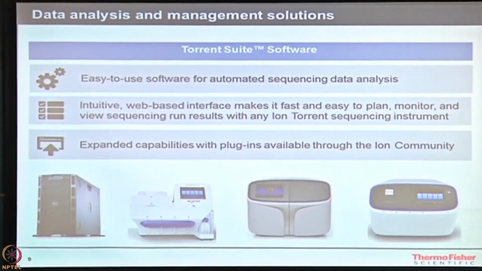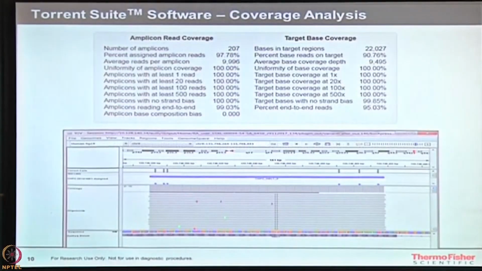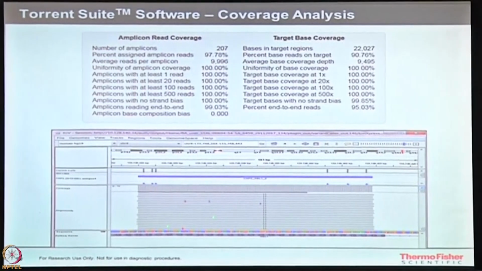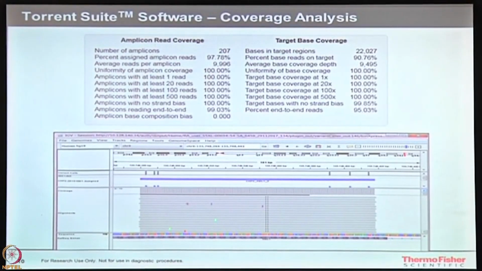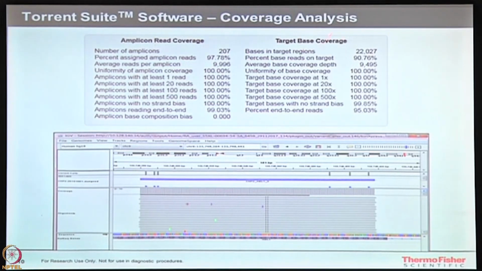So how can I do that? I have a plugin called coverage analysis, okay? This coverage analysis helps you know if any region is getting aligned, and how many reads are actually mapping to it. So say this is an example for a cancer hotspot panel, which has around 22,000 bases in the target region.